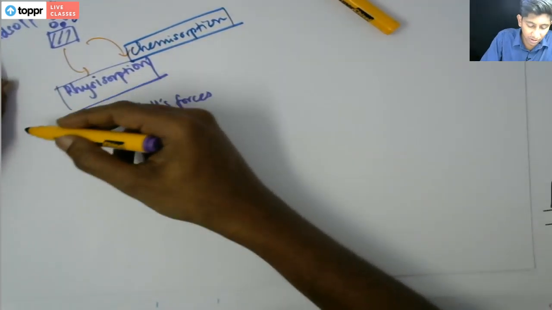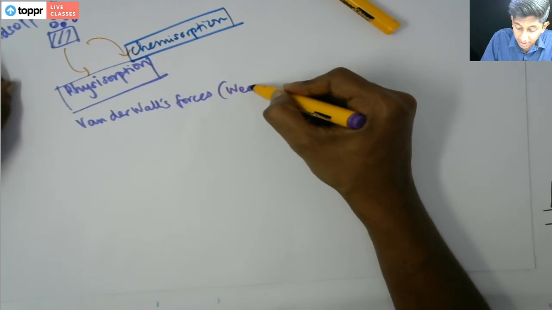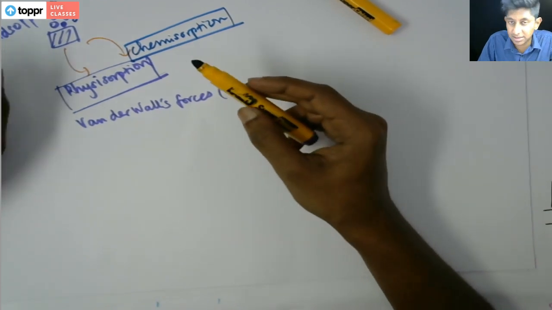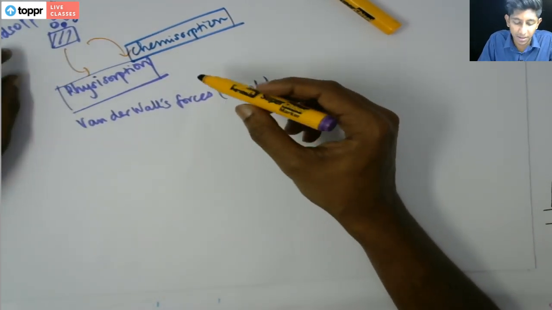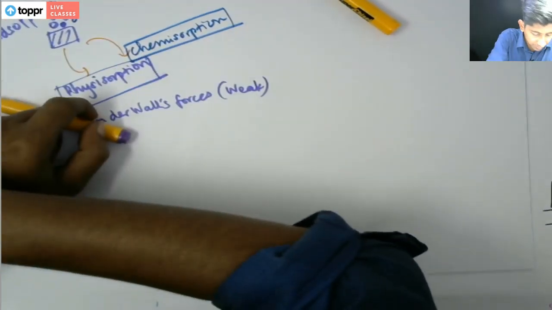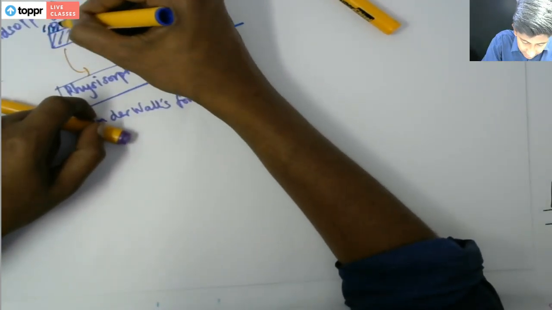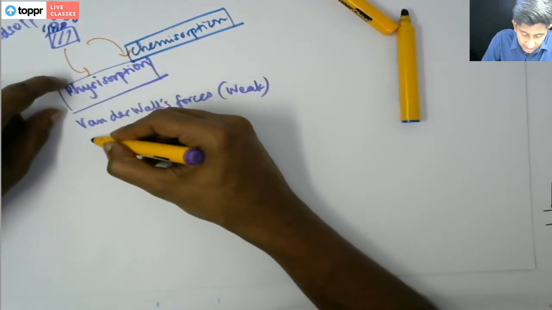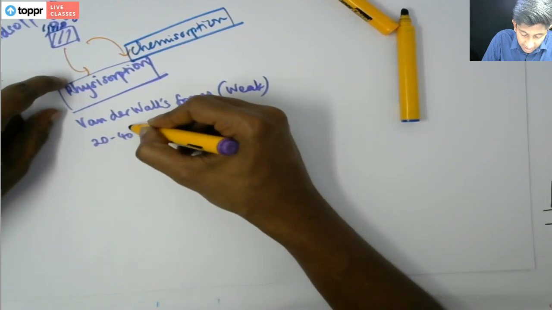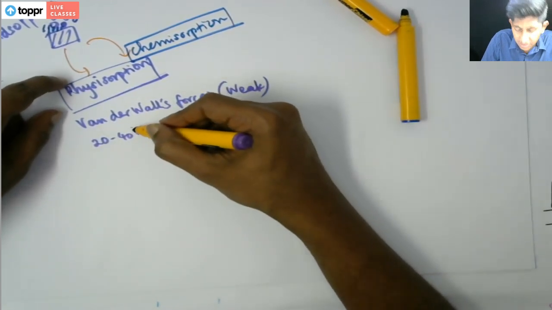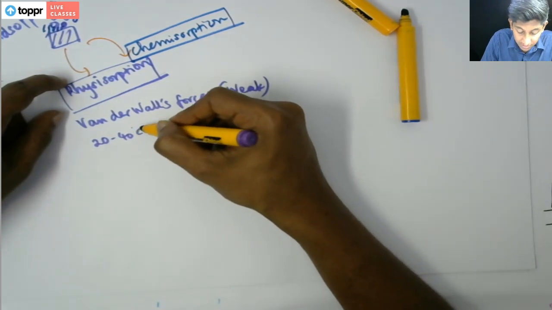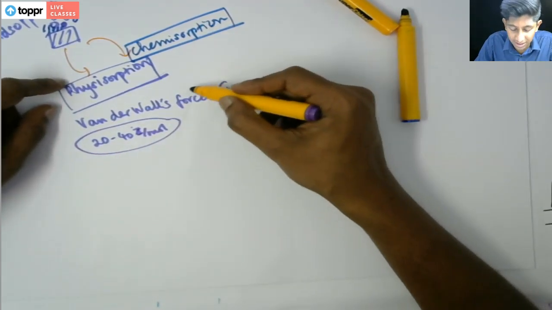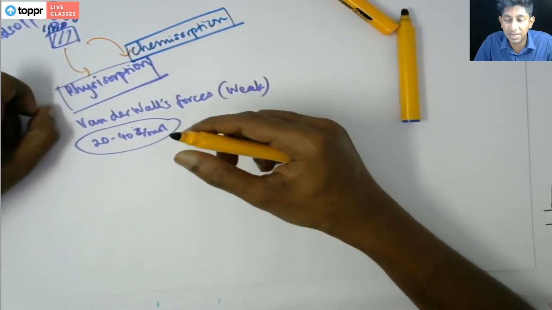In physisorption, you have weak van der Waals forces which are binding the trapped gas molecules onto the metal surface. So these interactions are slightly weak. It is exothermic. The enthalpy is 20 to 40 joules per mole, very low values, because all they need to form is van der Waals forces, so it has a very low value.